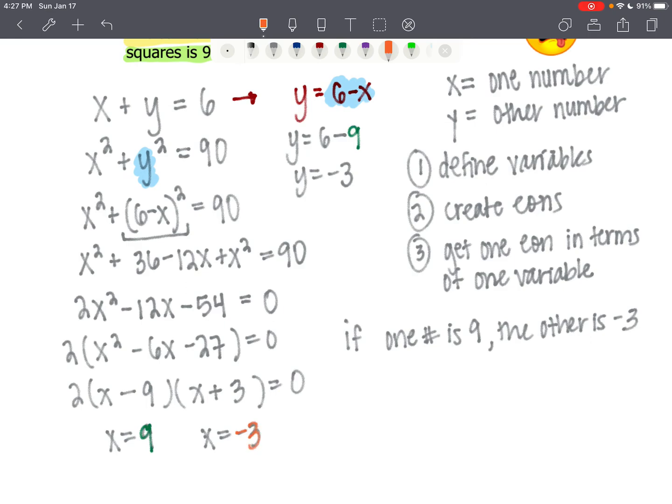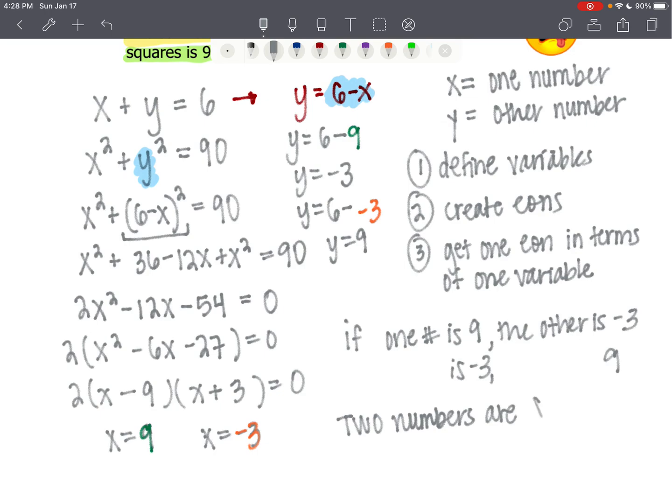If x equals negative 3, y equals 6 minus negative 3. That means that y equals 9. So if one number is negative 3, then the other number is 9. So it's pretty clear that the two numbers are 9 and negative 3.